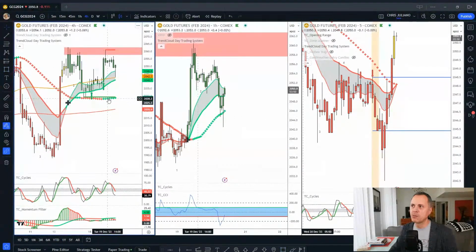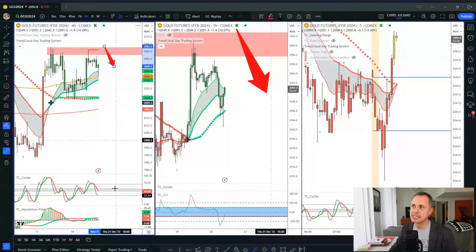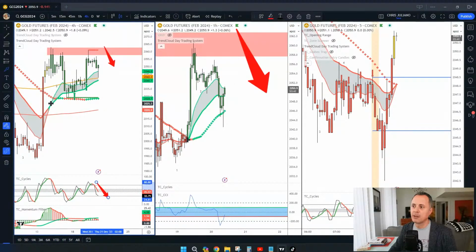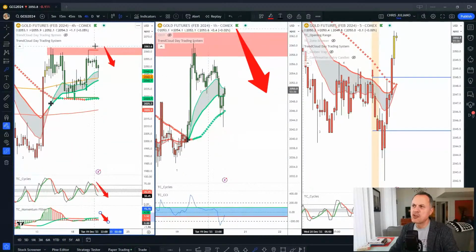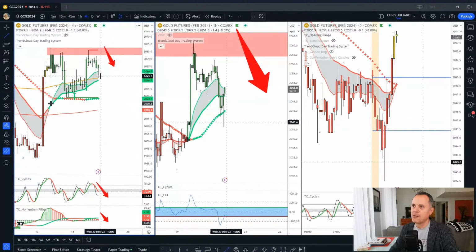We want to take advantage of this cycling down, and the momentum is also with us. So this would be trying to capture a short movement on this cycle. Now, the problem is that this could reverse on us very easily.